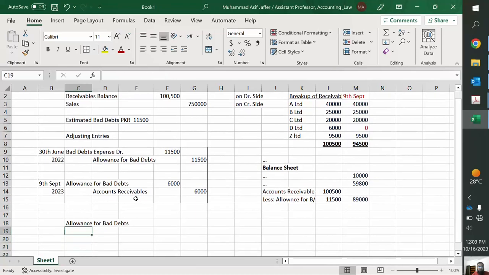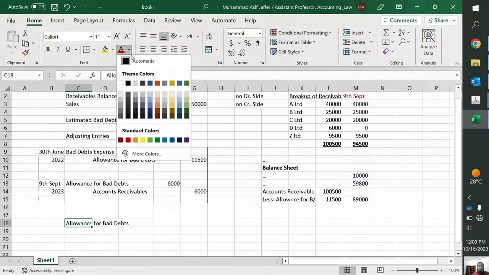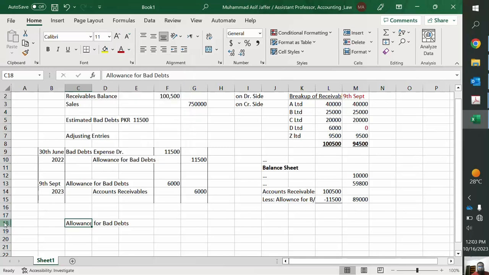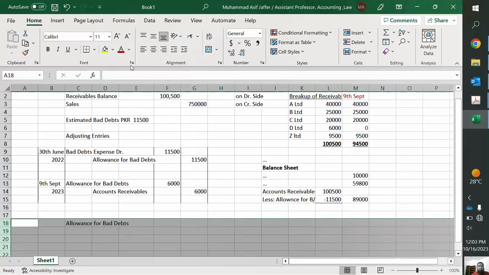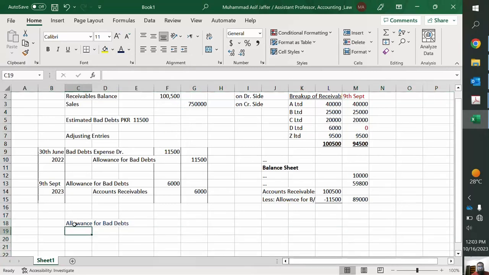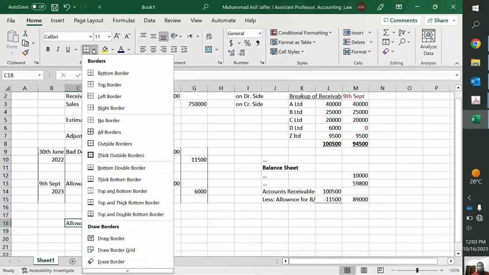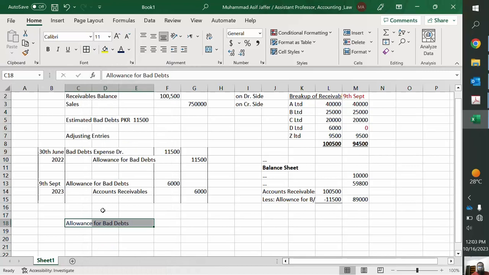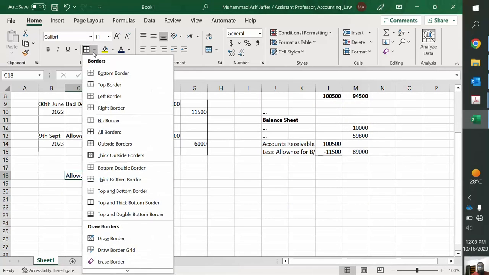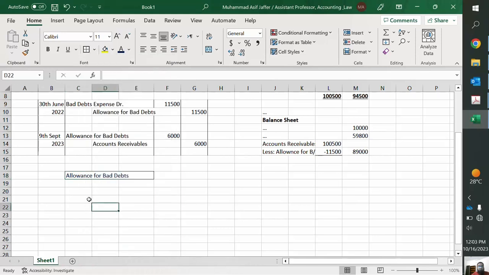So this is actually my general ledger account. Let's make all of them blue so that they make more sense. And this is my ledger account. It is no borders, and then this is complete border.